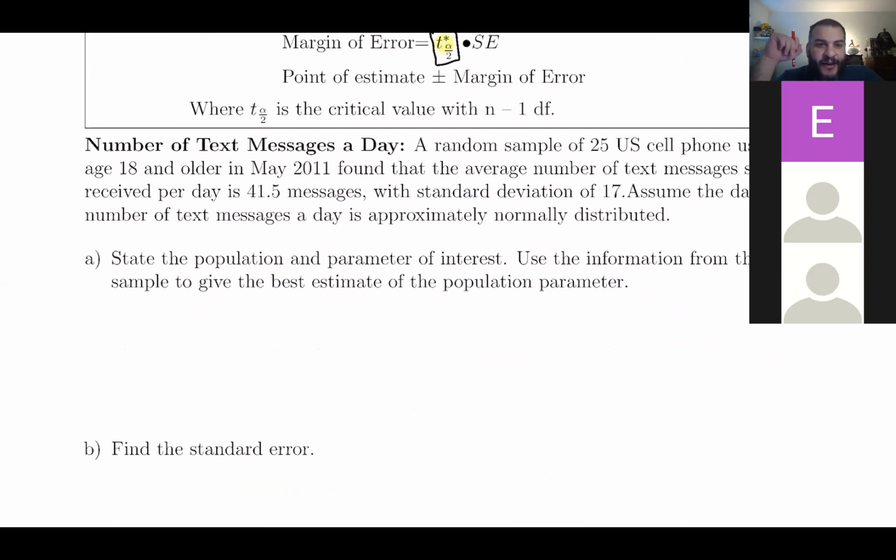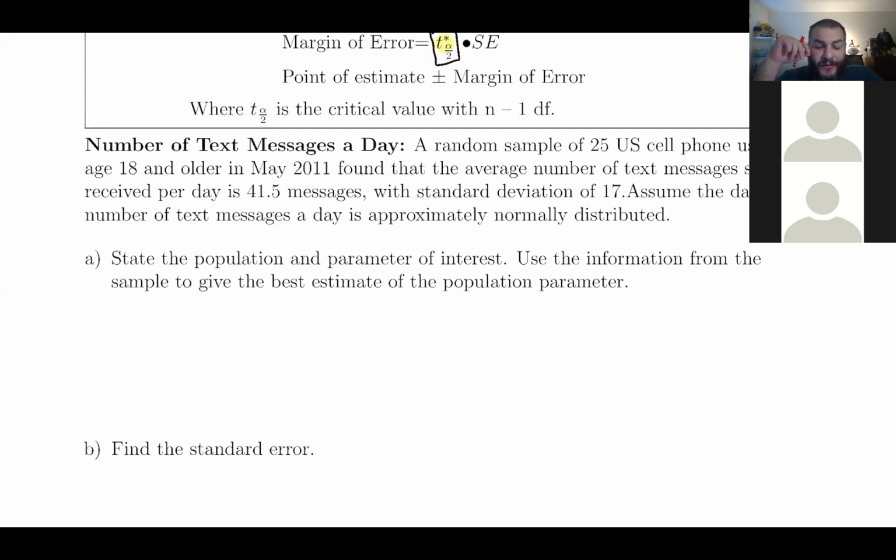Assume the number of text messages a day is approximately normally distributed. That's all the information they give us. We're trying to figure out the average amount of text messages somebody sent or received. For part A, it says state the population and parameter of interest, using information from the sample to get the best point estimate of the population parameter.